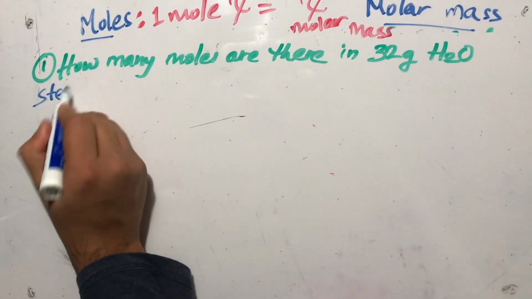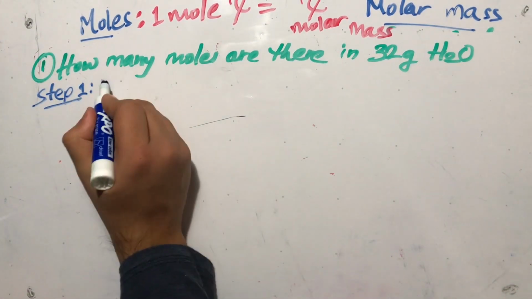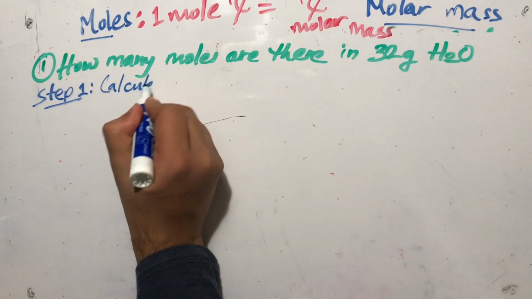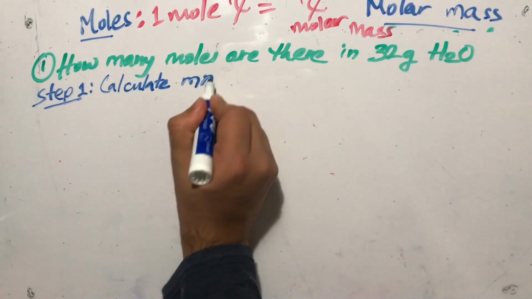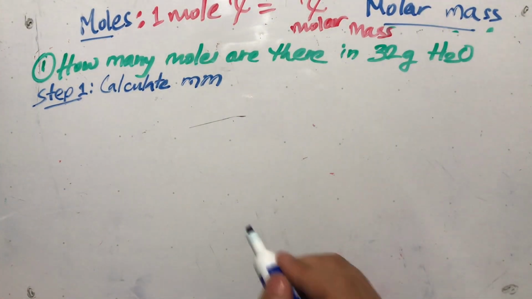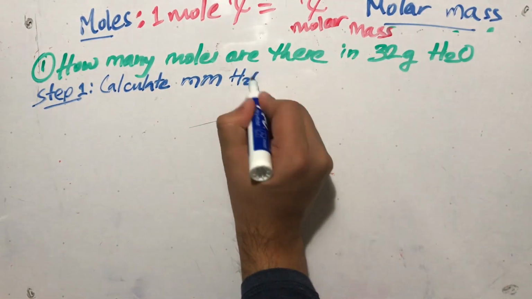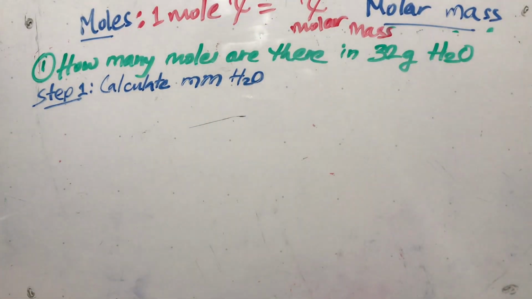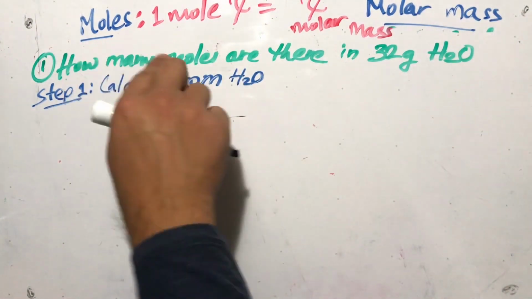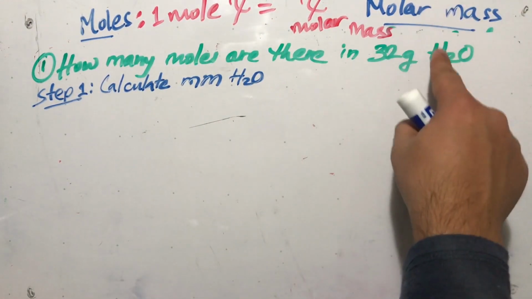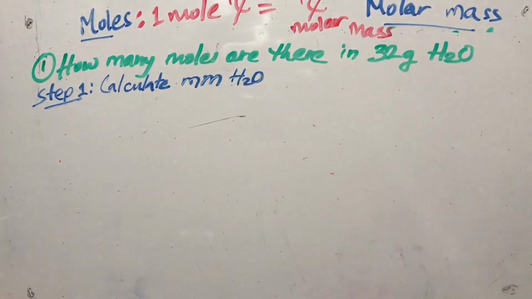Step 1 is to calculate the molar mass, I'm just going to write mm for molar mass, of water. The reason we do that is because we know there is a relationship between moles and molar mass. So once we find the molar mass, we can convert that to moles.